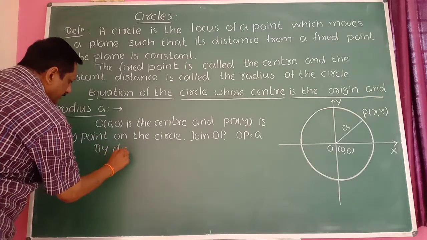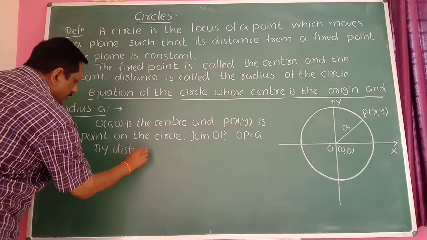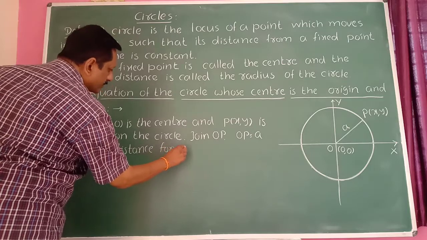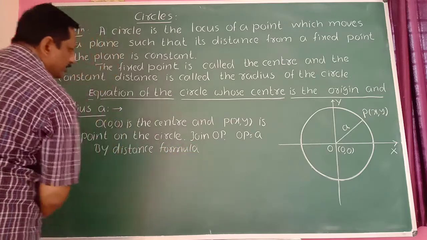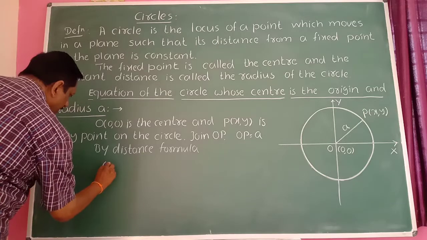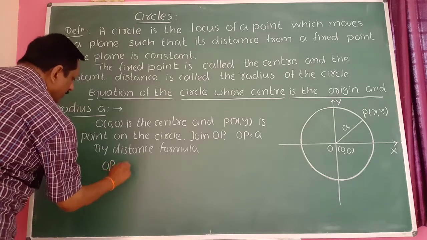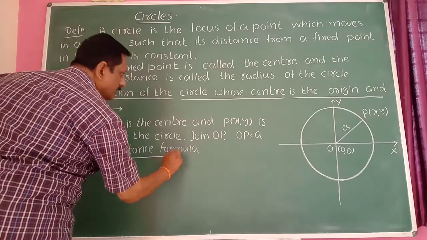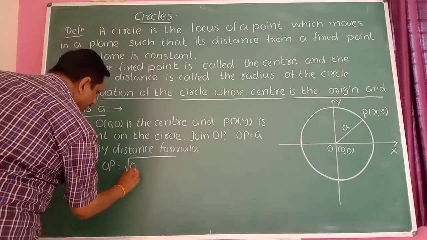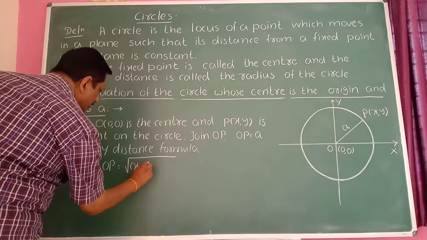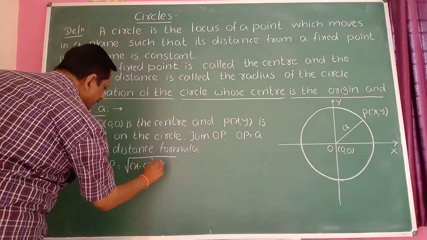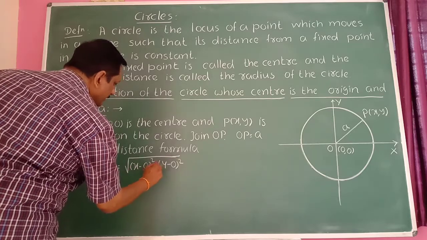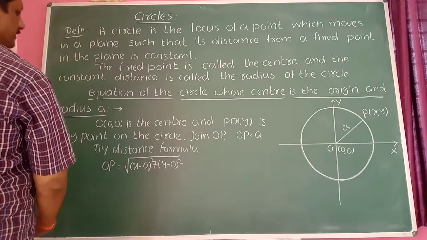By the distance formula, we have OP is equal to root of (x minus 0) whole square plus (y minus 0) whole square, using the distance formula.